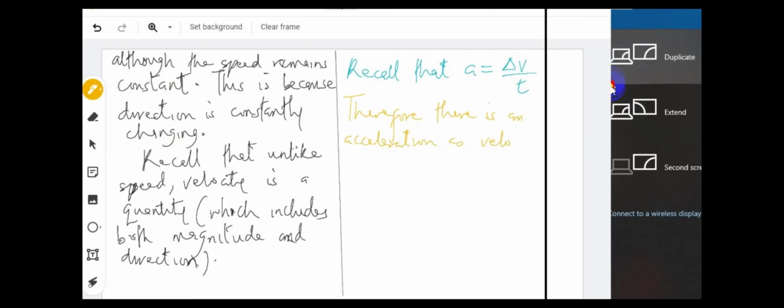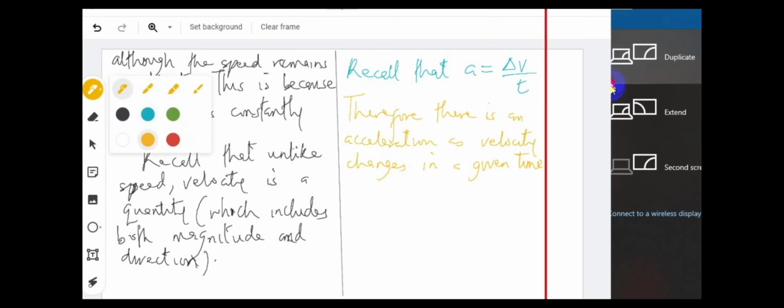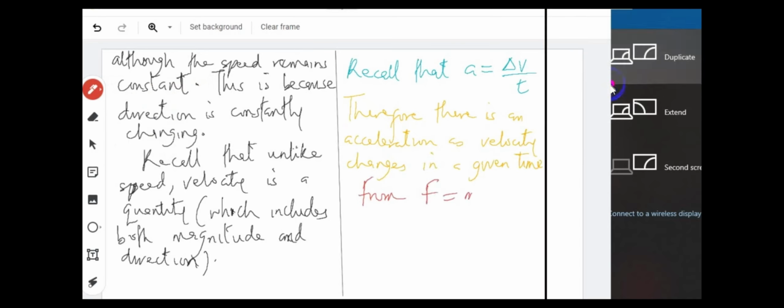As velocity changes in a given time, there's an acceleration. Now, from Newton's second law, the popular law we know, F equal to ma, if there's an acceleration, there must be a resultant force. By the way, F stands for resultant force, A is acceleration, and of course, M stands for mass.